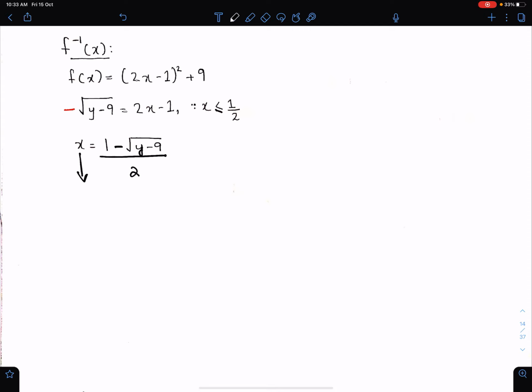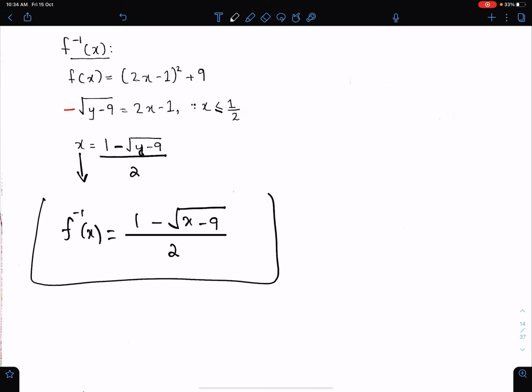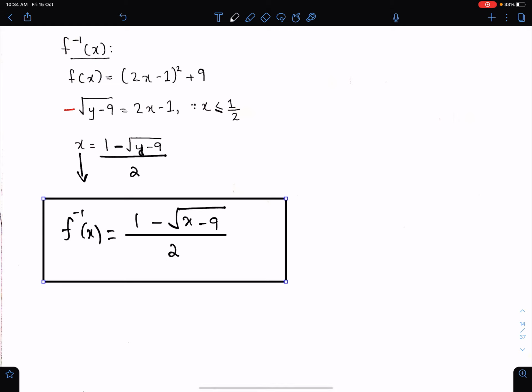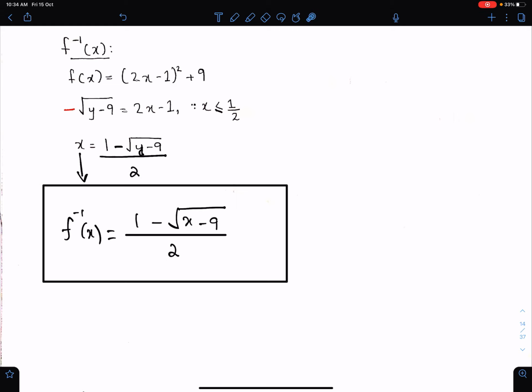So replace this x by f inverse and this y by x. This is the expression of the f inverse. So you should be careful regarding this negative sign and this y.